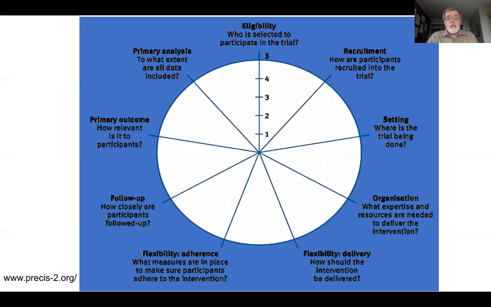And again, on each of these 9 dimensions, the way PRECIS works, you give it a score using an integer value from 1 to 5. Let's just take an example of a setting.